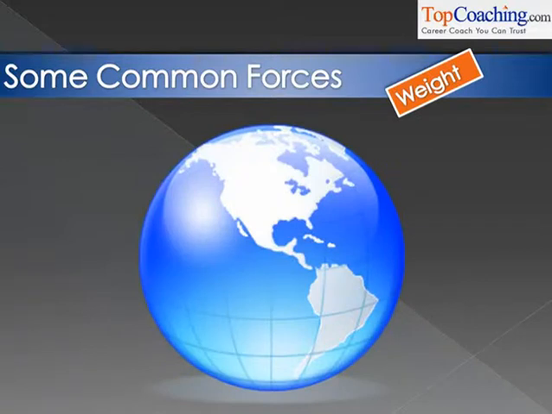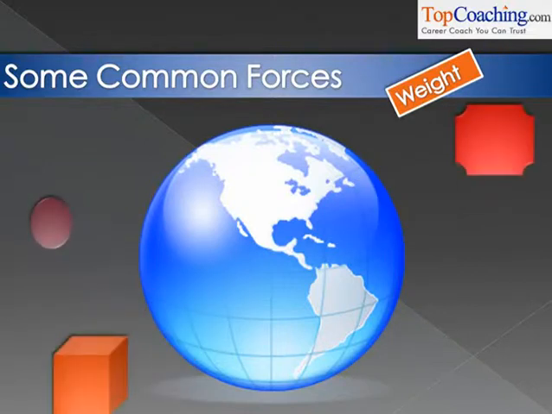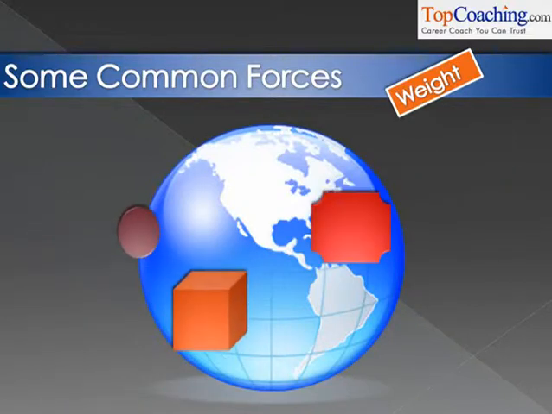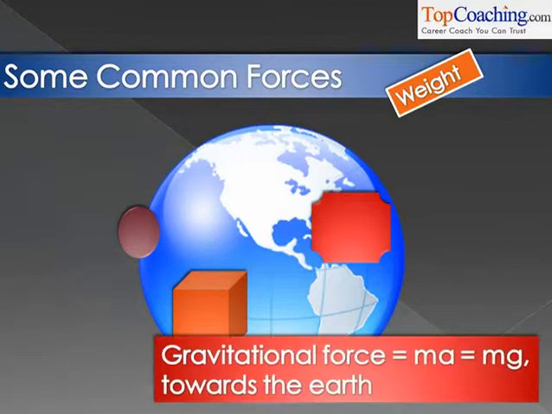As you already know, weight is the force with which every body is attracted towards the center of the earth because of gravity, isn't it? So the gravitational force of the earth is called weight. Now, force is mass into acceleration, isn't it? So we know that the acceleration of any body towards the earth's surface is g, which is 9.8 meters per second square.